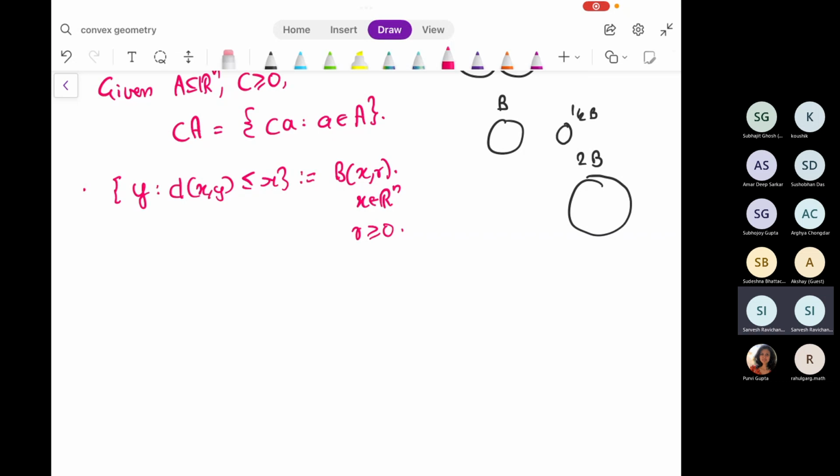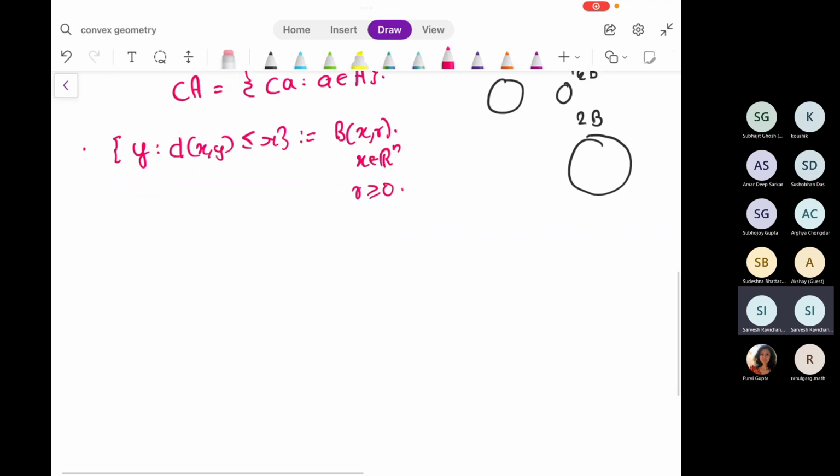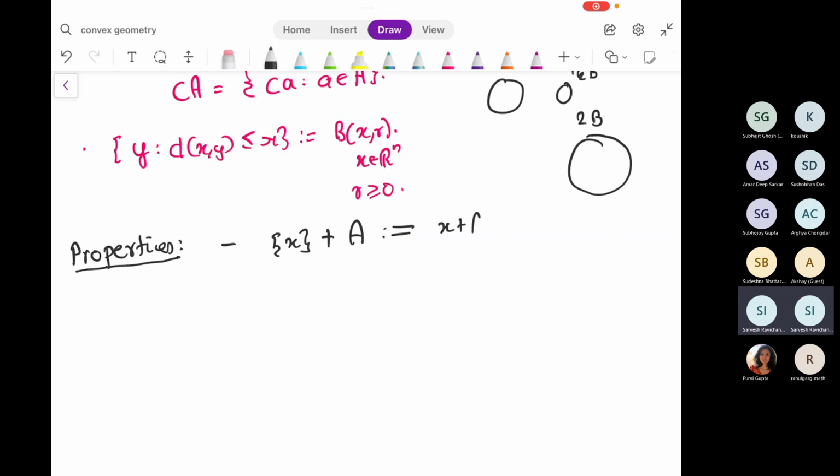Now there are some ways in which addition and scaling and so on interact. I'll just mention these properties without proving them. You can verify these. These are all fairly straightforward to verify from the definition. Well, the first is translation invariance, right? So if I have a singleton x, and I'm adding it to a particular set A, this will be denoted as x plus A for the rest of the talk.